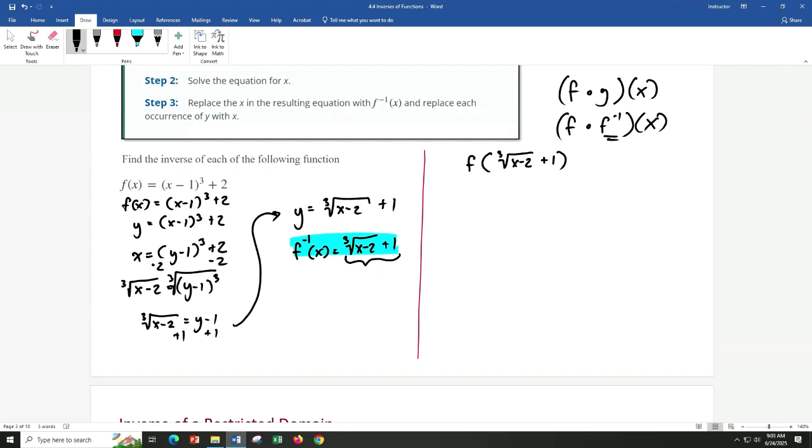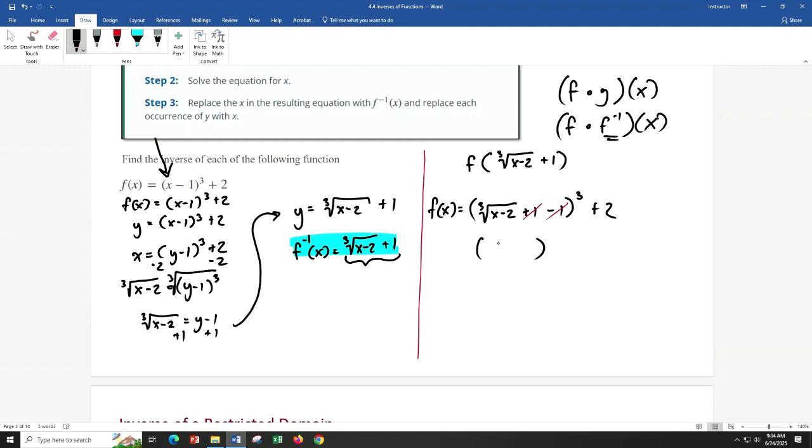Well, watch what's going to happen. When I do that, I'm going to get the cube root of x minus 2, plus 1 minus 1, all raised to the power 3, plus 2. Because that's what f of x is saying right there, because I put everything into that guy right there, right? Well, watch this. Don't these guys just go away?